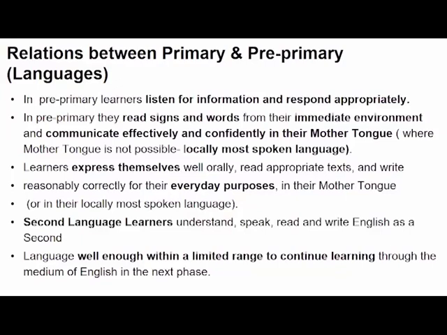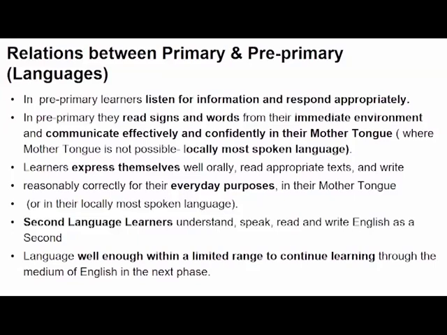If the mother tongue is not possible, then usually the language that is spoken most locally is used. Furthermore, a pre-primary learner should be able to express him or herself well orally, read appropriate text, and write reasonably correctly for everyday purposes in their mother tongue or in their locally most spoken language.